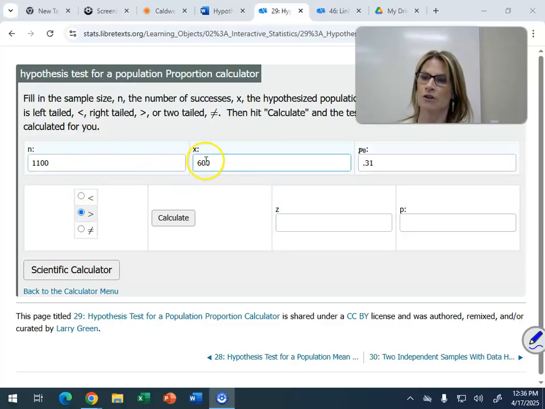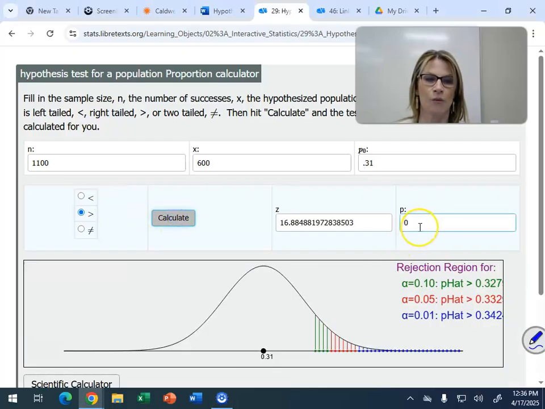So we have 600 out of 1,100, 31%, greater than, calculate, and we get p equals 0. P will be between 0 and 1. If it's like 1.1 something, keep reading, and it will be in scientific notation.